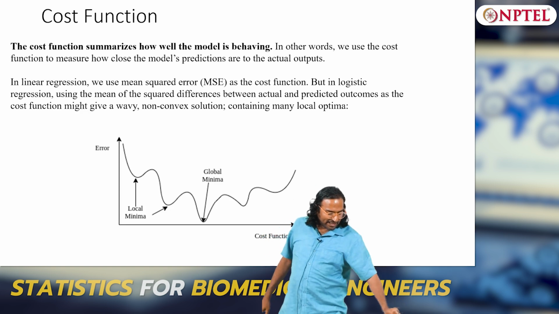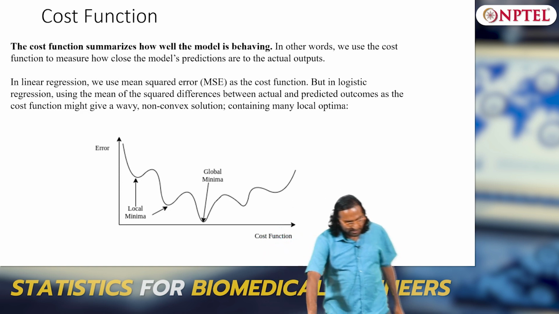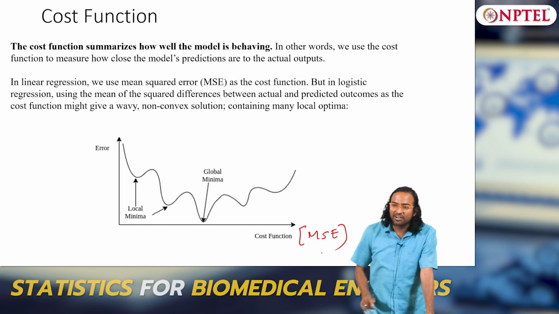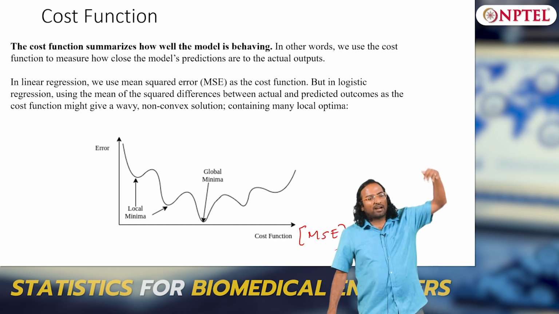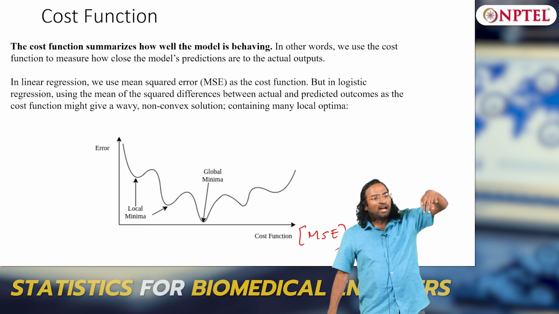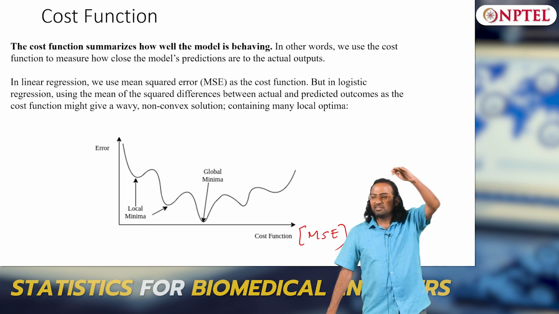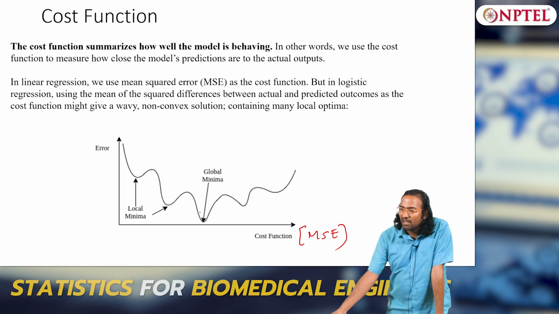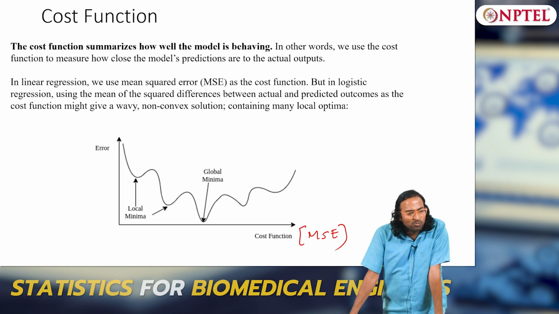I have drawn this here. If you just use the cost function, which is my MSE, the function is not going to be smooth. Why? You will have continuously zeros and then suddenly you will have continuously ones, then zeros, etc. So this is going to be a bumpy function, it is not going to be a smooth function.